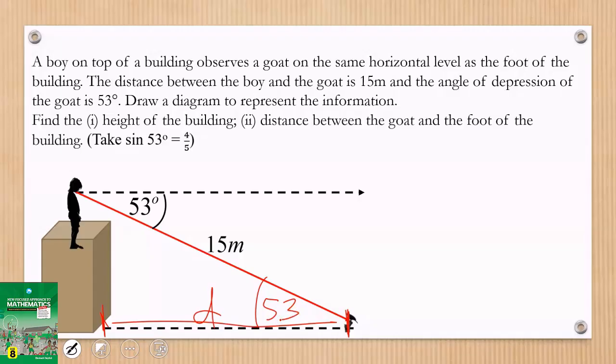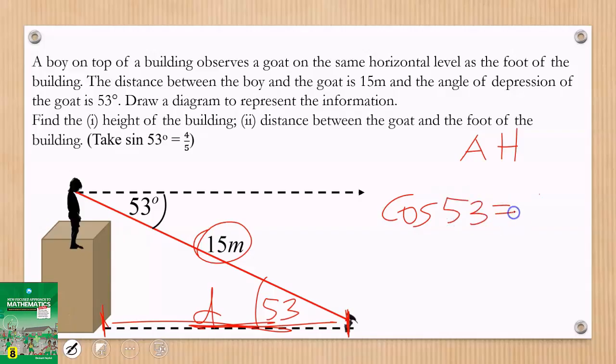And since we want to find D, and D represents the adjacent side of the angle, and we also know our hypotenuse, then it means we need CAH, so cos 53 should be equal to adjacent, that is D, over hypotenuse, which is 15.